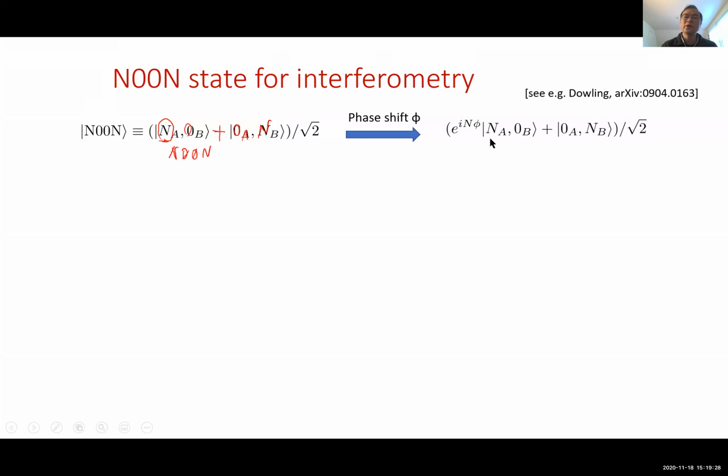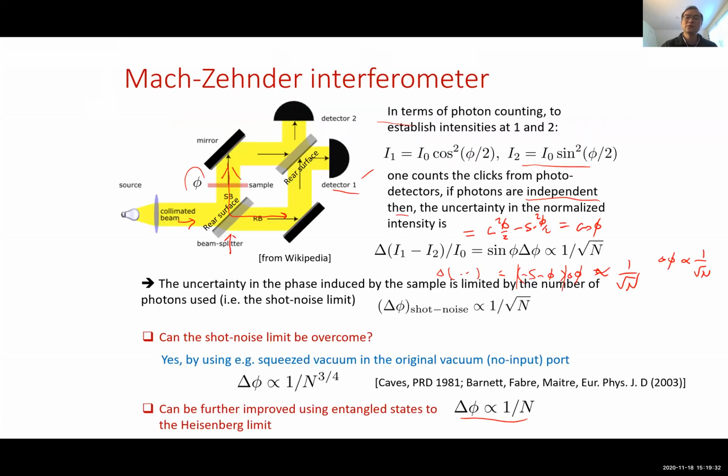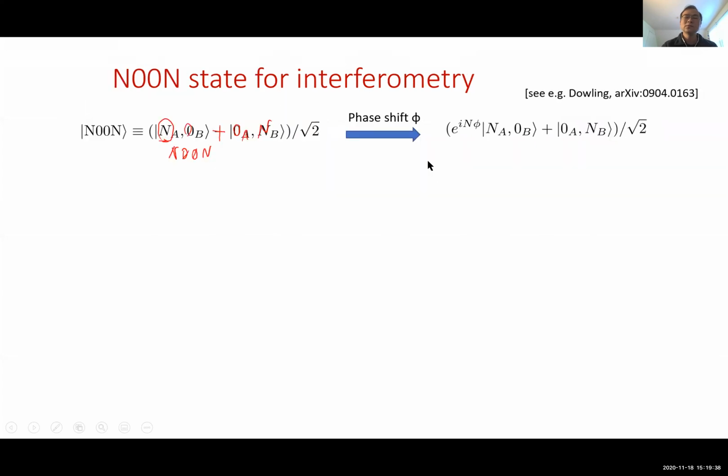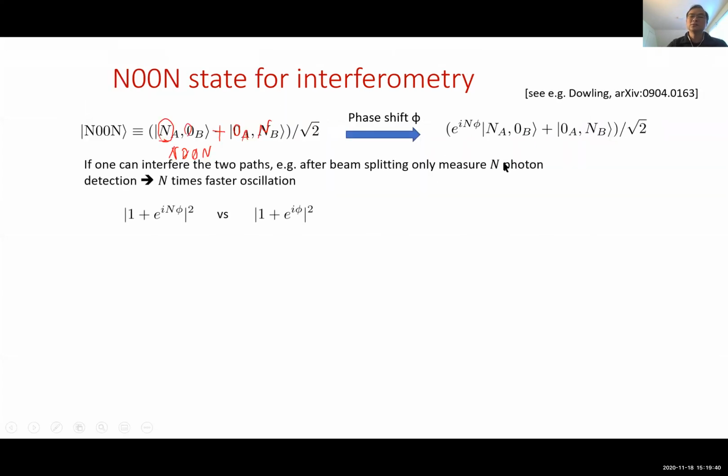If you were able to mix the result like this and then perform the detection, if you could detect n photons in the output, if you can count the number of photons, you will see that this oscillation will be n times faster than if you have only single photons or uncorrelated photons.